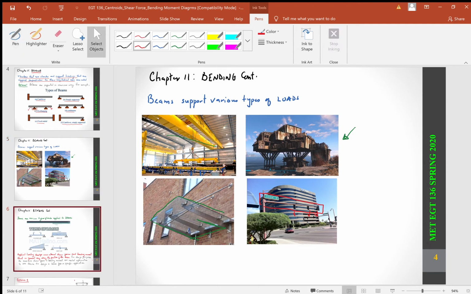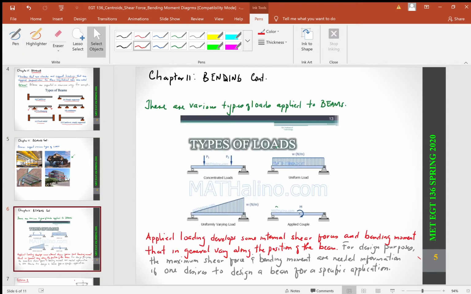Now, the type of load that a beam will experience: there are various types. You have what you know as a concentrated load. This is more like a pointed load, right at a point along that beam. You have a uniform distributed load, where the load is just uniform across the whole beam itself, and these are your supports.